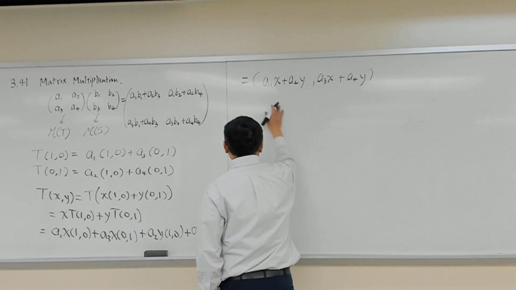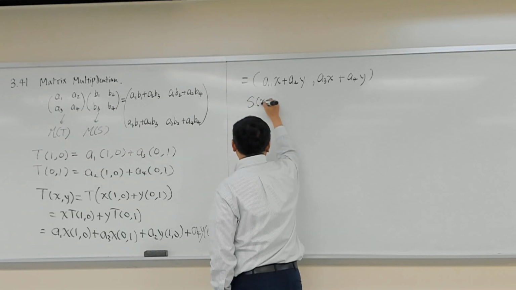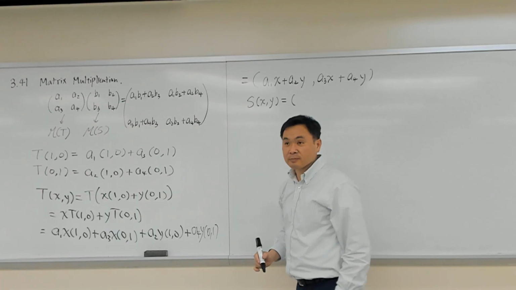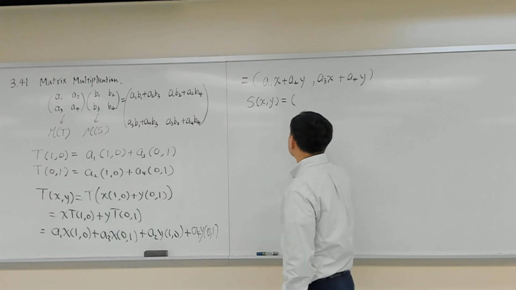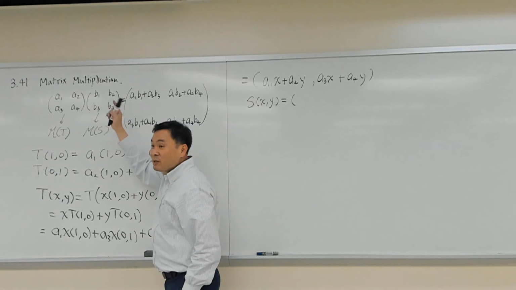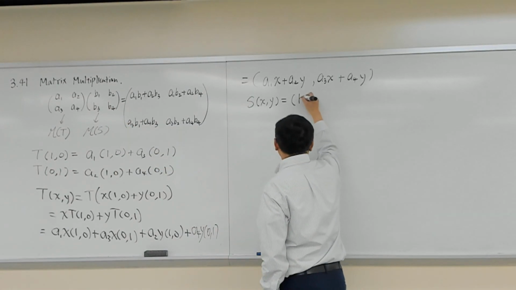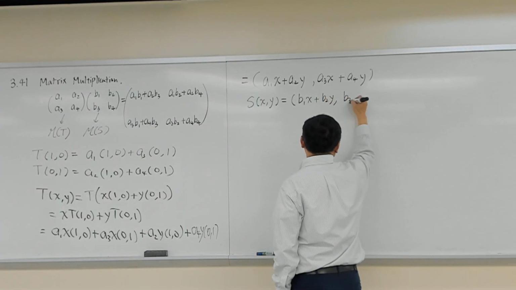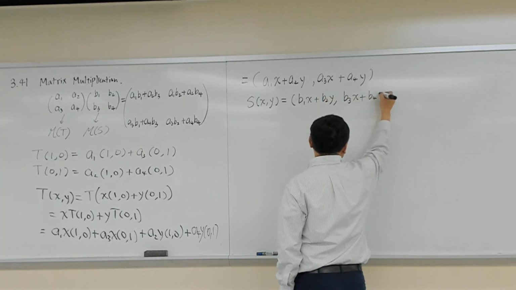So in the same way, what is S of (x,y)? B1x plus B2y, comma, B3x plus B4y.